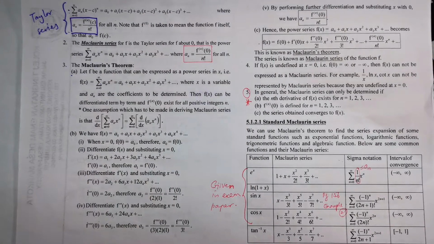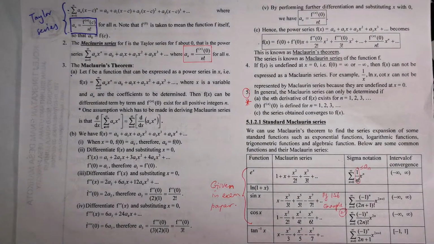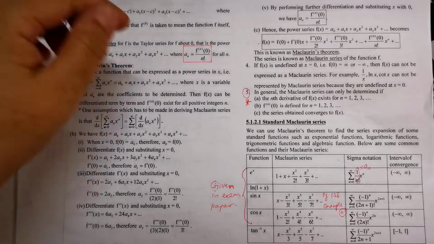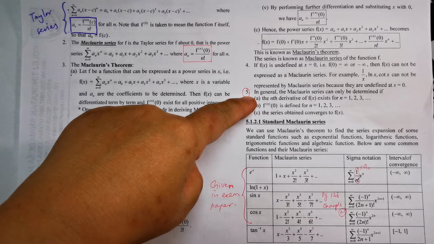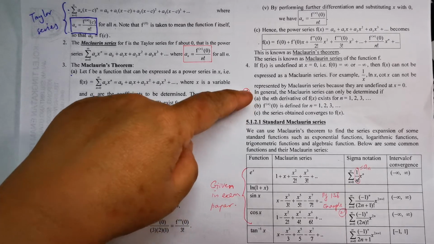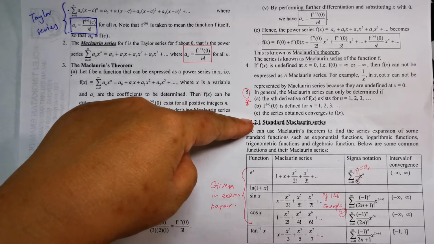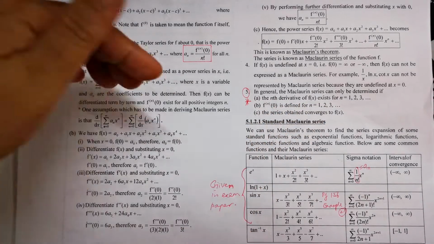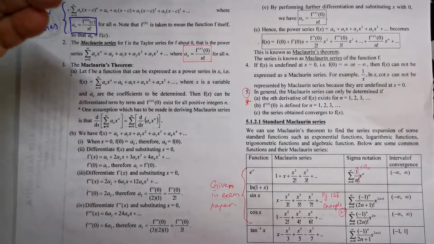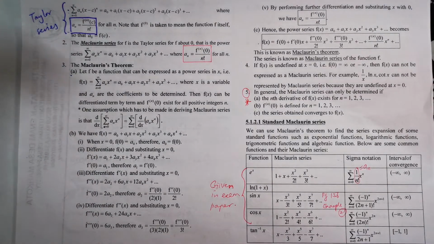I hope that you understand well about the theory, and don't forget, in general the Maclaurin series can only be determined if all these three criteria are fulfilled. First, the nth derivative of f(x) exists, means we can differentiate a function for many levels.